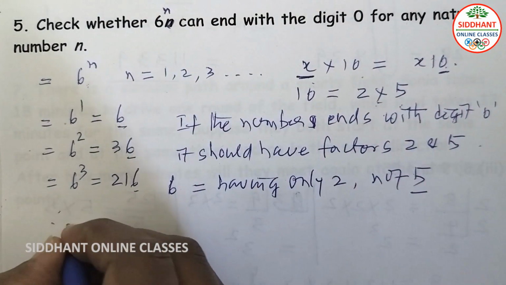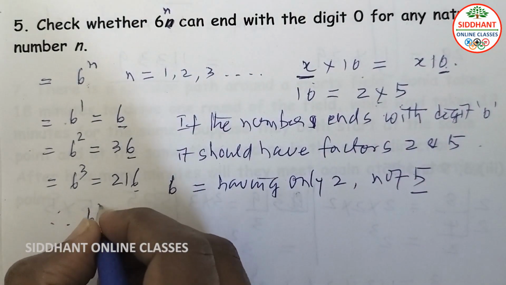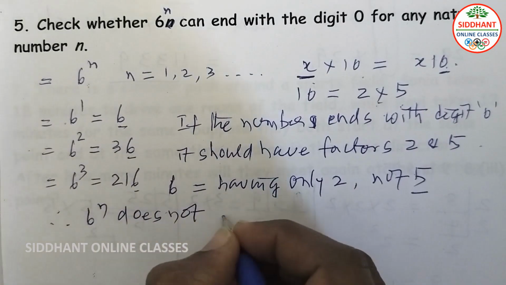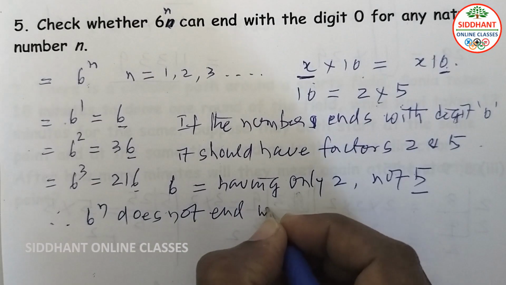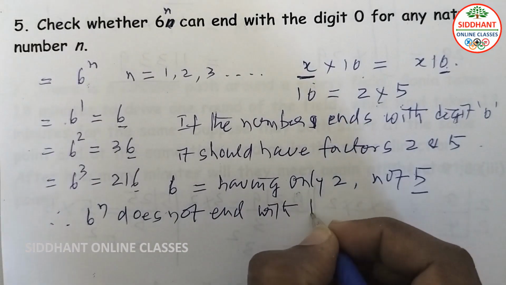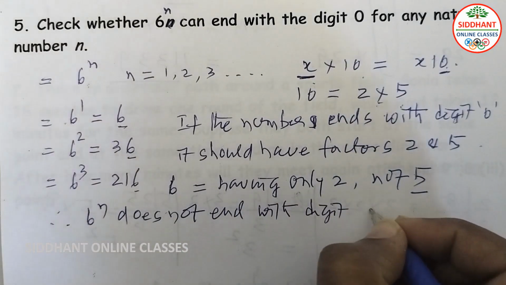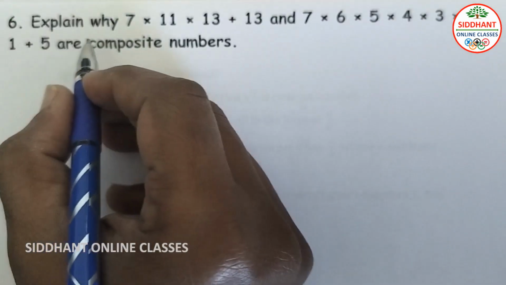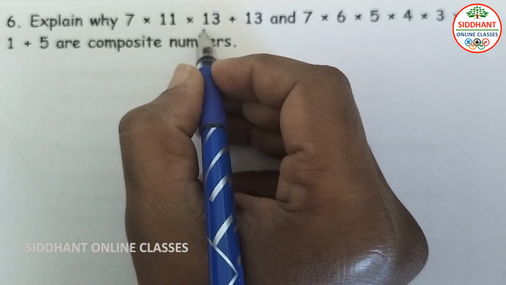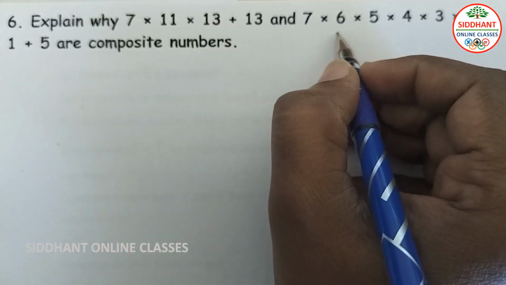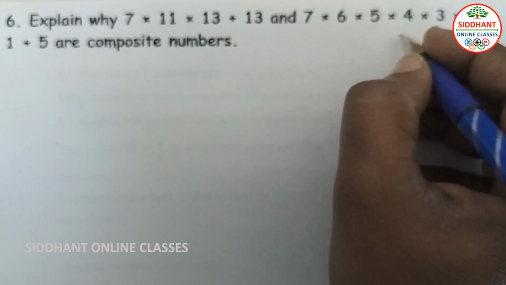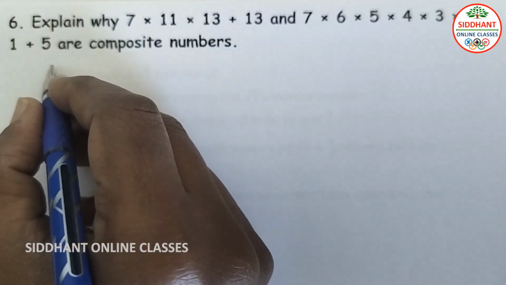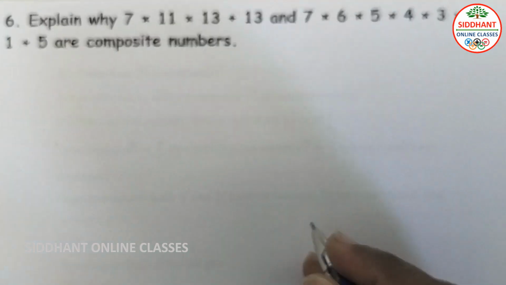Therefore we can say that 6 to the power of n does not end with digit 0. Question number 6. Explain why 7 into 11 into 13 plus 13 and 7 into 6 into 5 into 4 into 3 into 2 into 1 plus 5 are composite numbers.